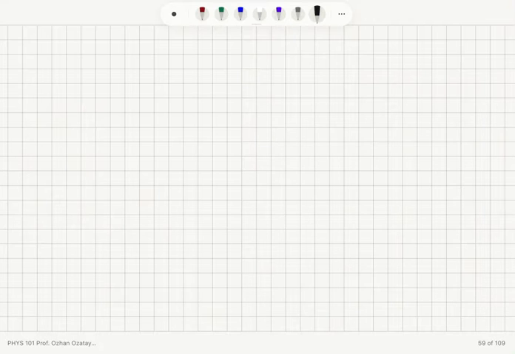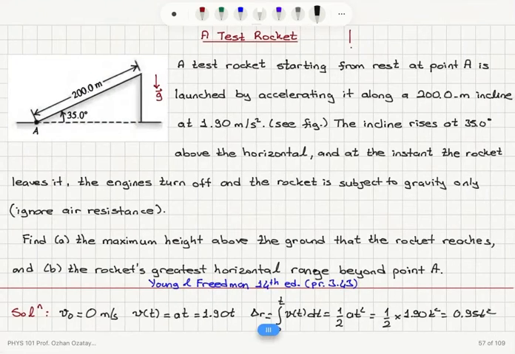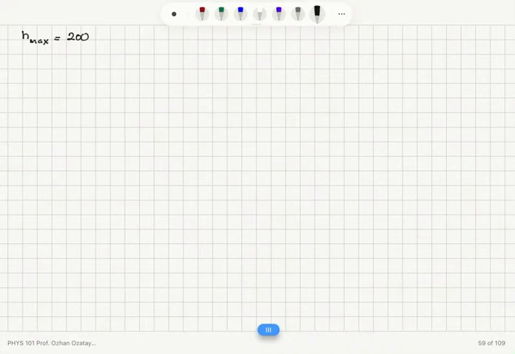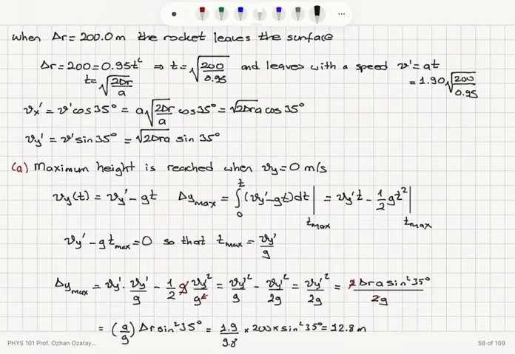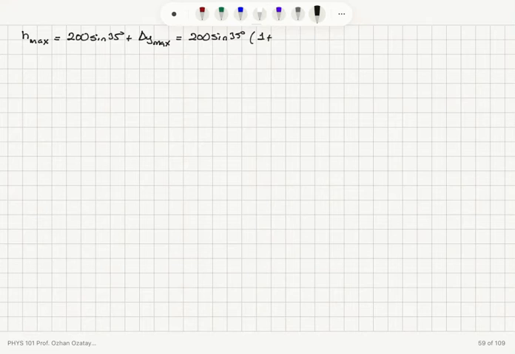So I calculate H maximum by considering the triangle. 200 sine 35 will be basically this height, 200 cosine 35 is this range, so it is 200 sine 35 plus delta y max, which is 200 sine 35 times (1 plus 1.9 over 9.8 sine 35).